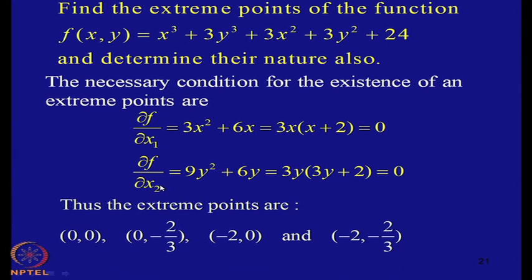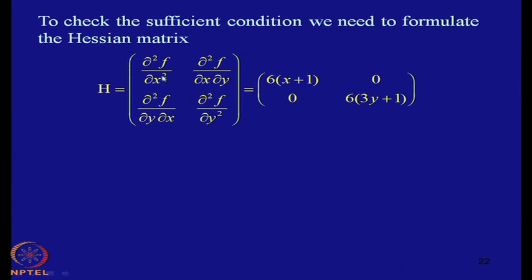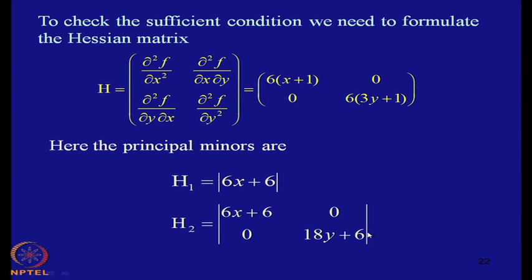In the next, we are having del 2 f by del y square equal to 6 into y plus 1, and del 2 f by del x del y would be equal to 0, because del f by del y was not involving any x component, that is 0. This is our Hessian matrix. We will see the nature of this Hessian matrix at different extreme points. That is why we will go for the principal minors of this Hessian matrix.